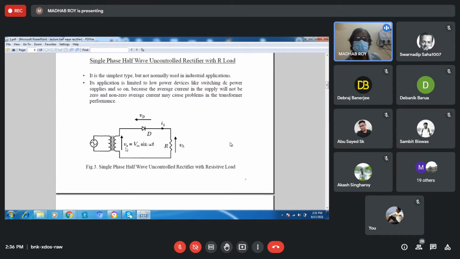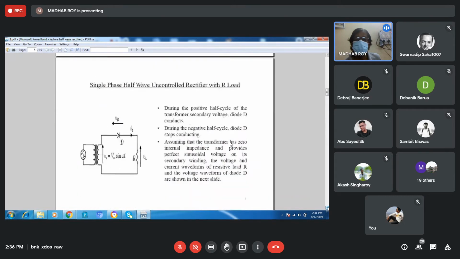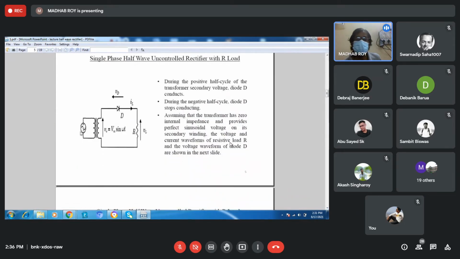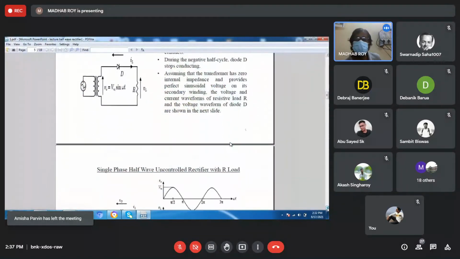So what happens in action? You see a sinusoidal voltage like that, and we can go to the figure here.